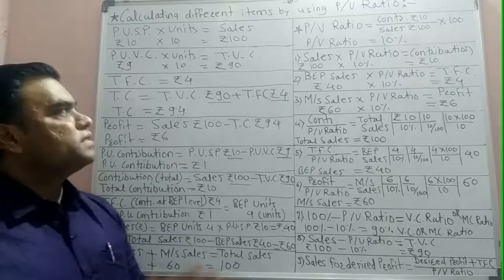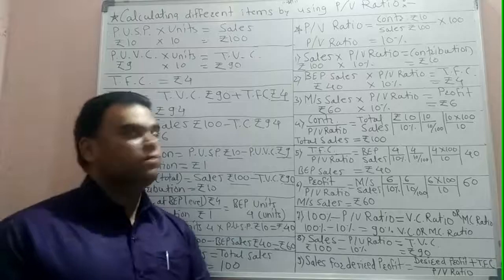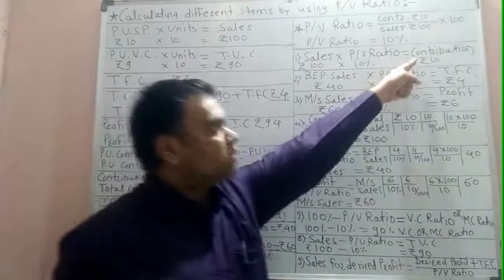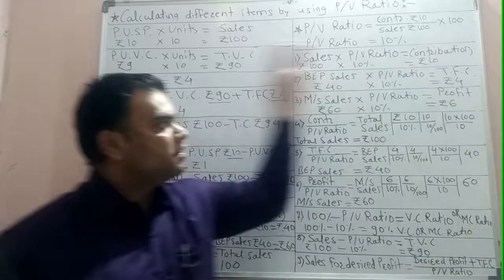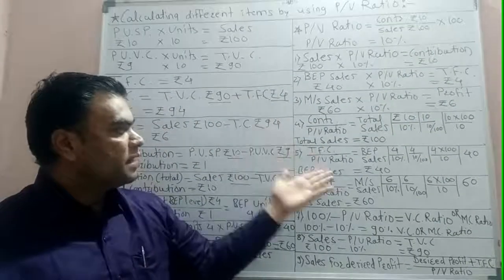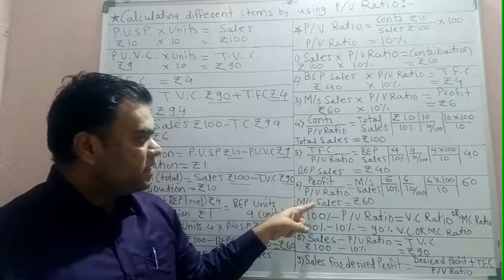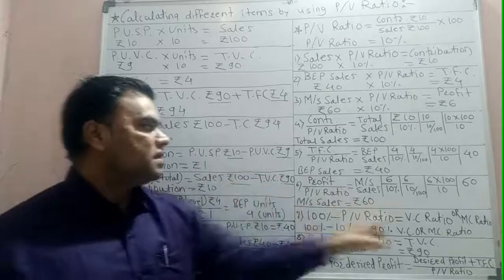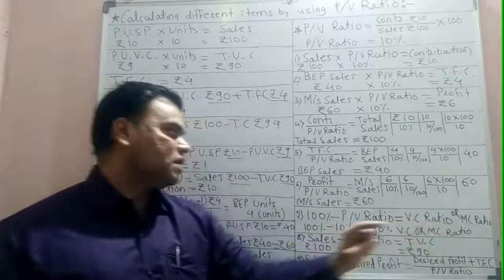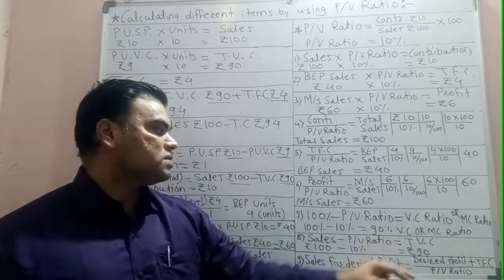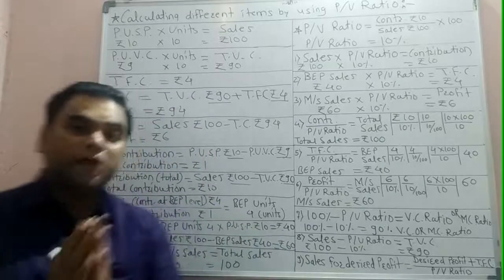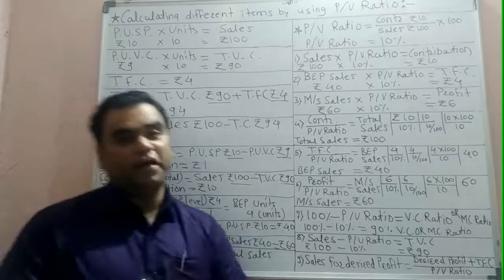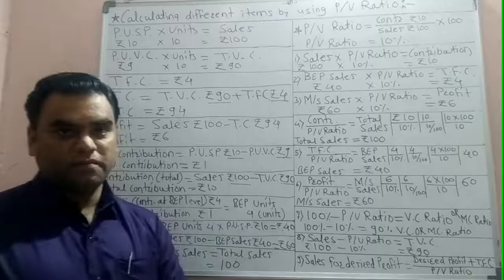So which items can we calculate by PV ratio? First, contribution, second total fixed cost, then profit, then total sales, then BEP sales, then margin of safety sales, then variable cost ratio or marginal cost ratio, then total variable cost, and then sales for desired profit. Total 9 items we can calculate by using PV ratio.